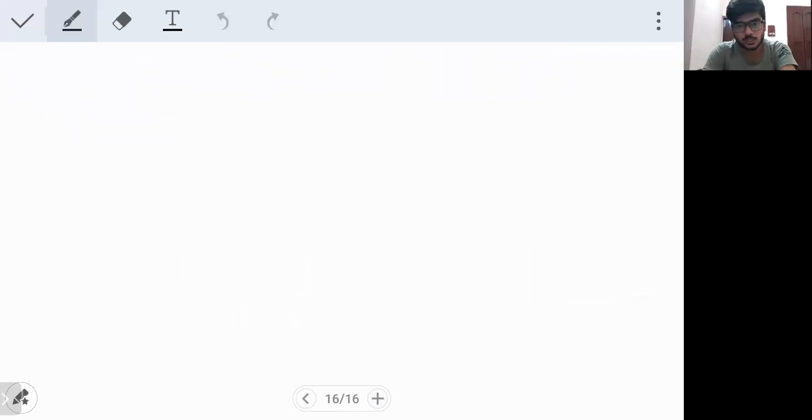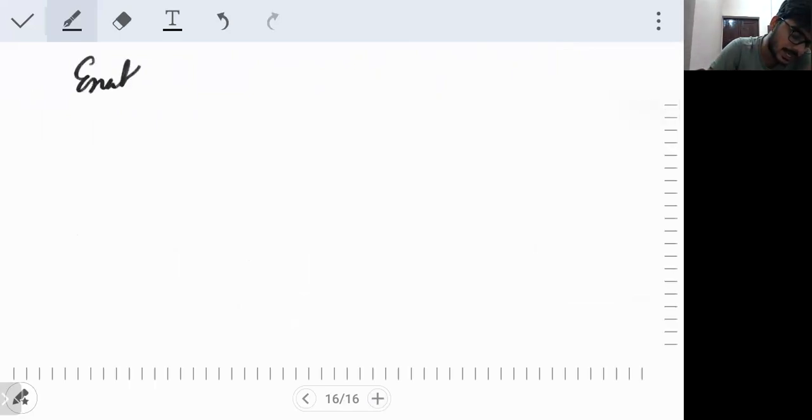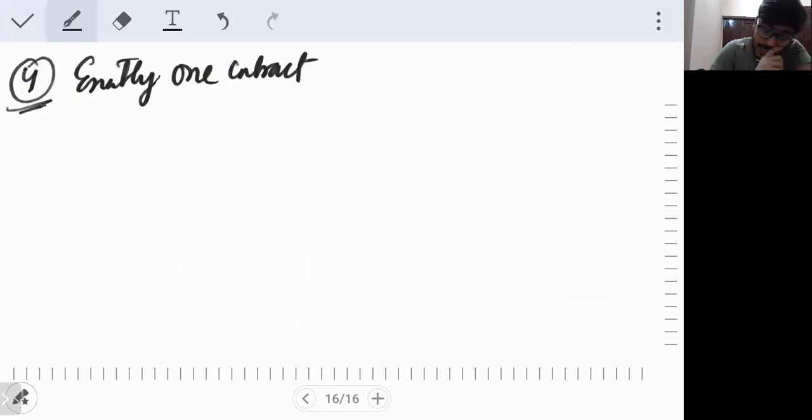Moving to the fourth question, it says the probability that the company wins exactly one contract. Exactly one contract. The fourth question is exactly one contract. How to solve this? So exactly one contract means what?